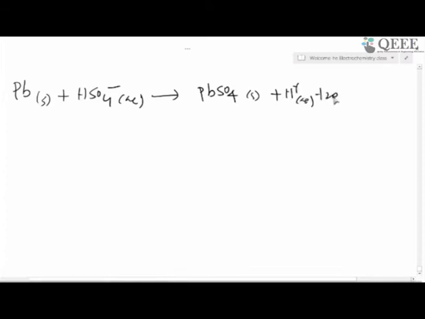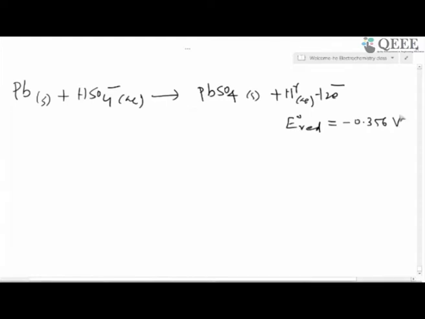For example, you take solid lead plus HSO4 minus, it gives lead sulfate solid, plus proton plus 2 electrons. So the reduction potential of this reaction is minus 0.356 volt.